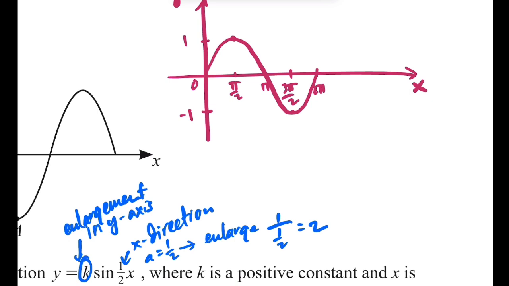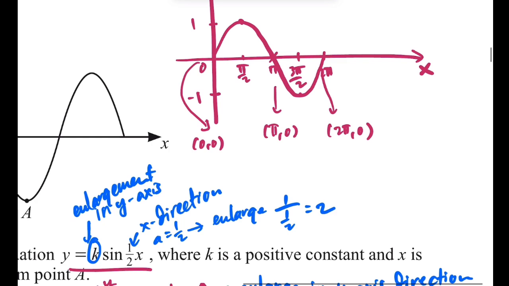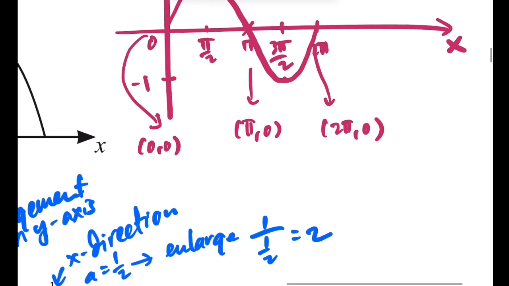Now, we have the original coordinates for the intersections with the x-axis: 0, 0 for this, this one is pi, 0, and this part is 2 pi, 0. Now, we enlarge the x twice, which means we times the x by 2. So 0 times 2 is 0.